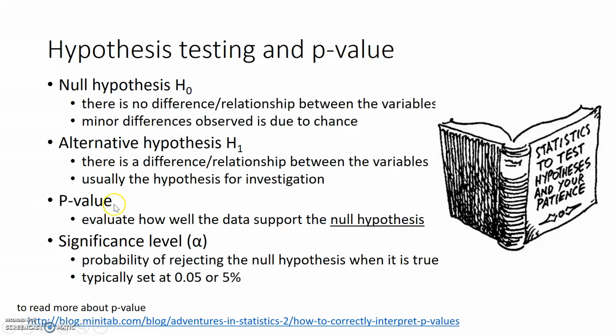The p-value that you obtain based on the statistical test that is used would be used to evaluate how well your data support the null hypothesis. And when we talk about the significance level, or the alpha, it is the probability of rejecting the null hypothesis when it is true. Typically, this value is set to be 0.05 or 5%.